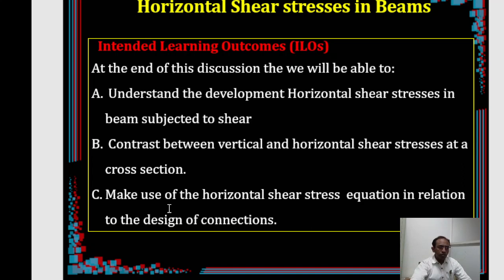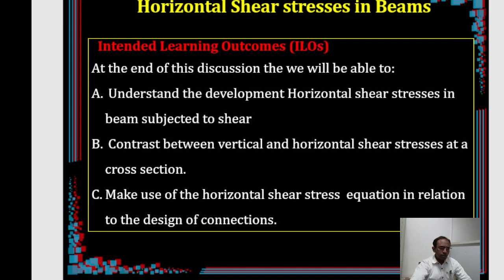So we are trying to know basically through this what the application of these horizontal shear stresses is. So let's see how far we can go in achieving these targets.